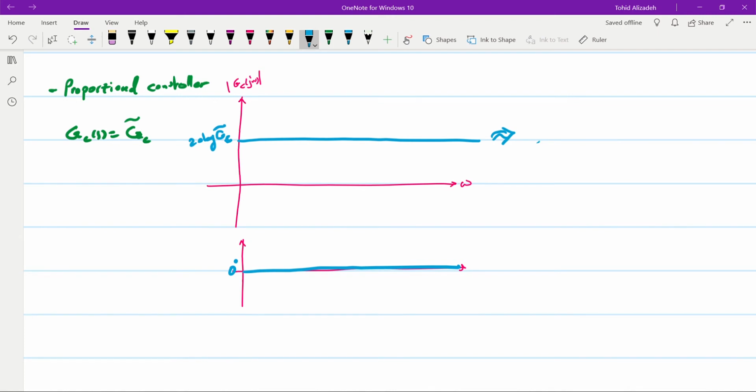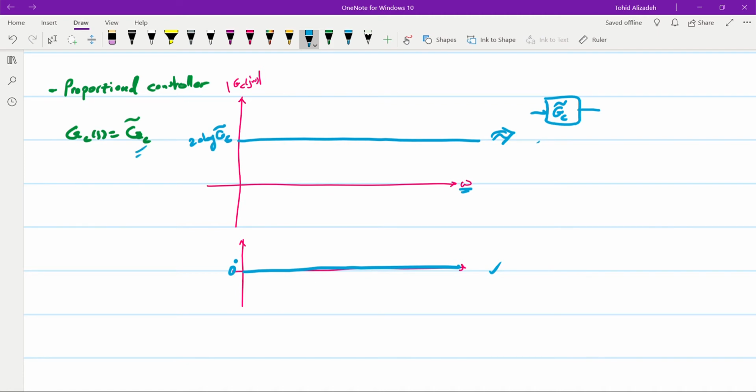So the amplitude plot for the whole range of frequencies for L of j omega will shift upwards if we apply this controller. And the phase plot will remain the same, as the phase coming from GC is already equal to 0. So by applying the GC tilde, you can shift the amplitude plot of L of j omega upwards or downwards depending on the value that you have for GC tilde.